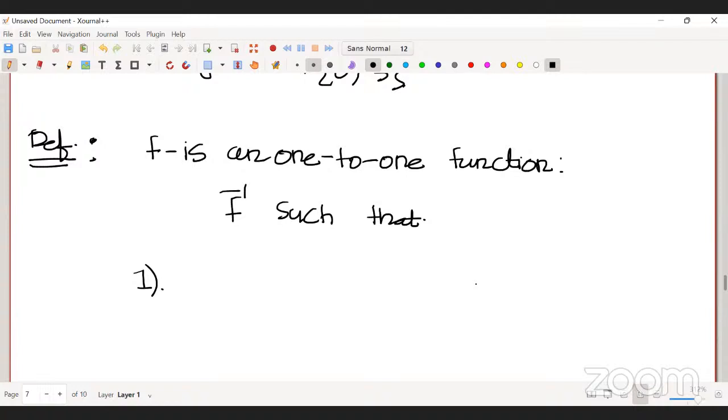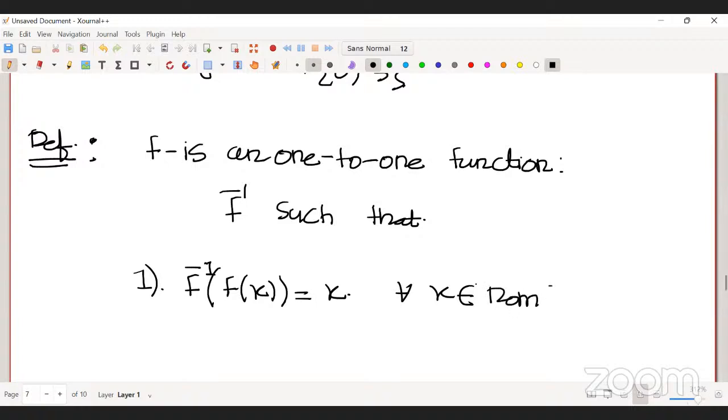So the first condition is f of f inverse of x is equal to x for all x in the domain of f inverse, and the domain of f inverse is the same as the range of f. Correct. And the second condition is f inverse of f of x is equal to x.